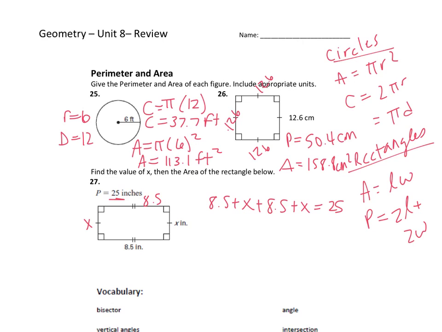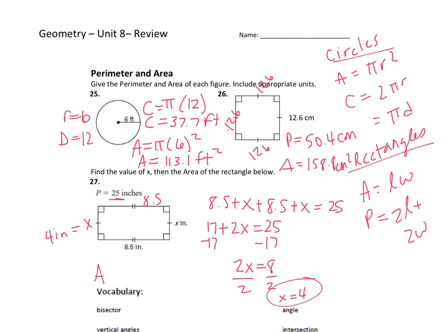We know the perimeter is 25. So we would add those up. We'd have 17 plus 2x equals 25. Subtract 17 from both sides, so 2x equals 8. Divide by 2, so x equals 4. And so we know that our width is 4 inches, so that's part of the question.